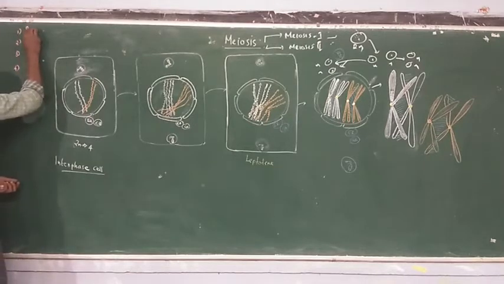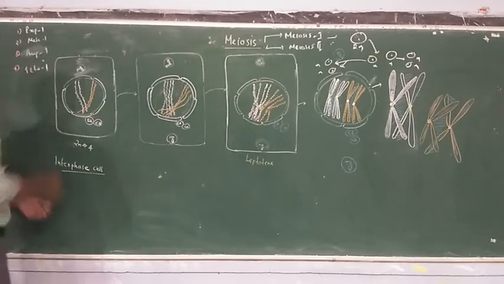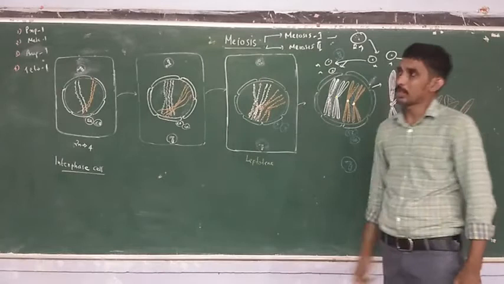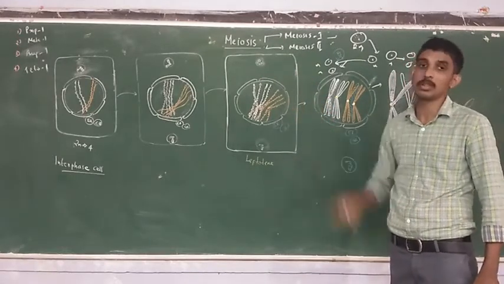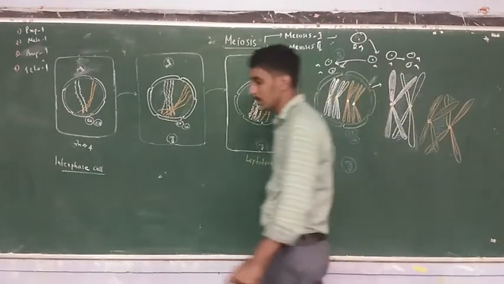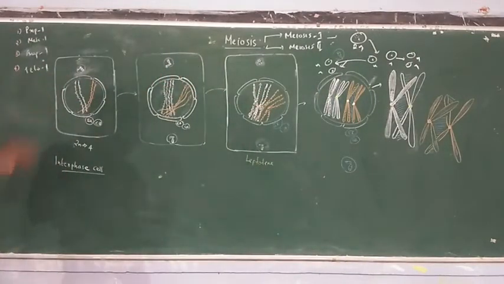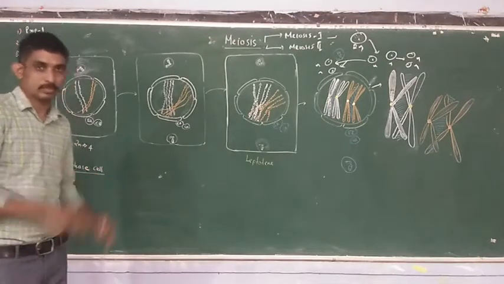One is called prophase 1, second is metaphase 1, third is anaphase 1, and fourth is telophase 1. These are the main 4 subphases of meiosis 1. If we understand these 4 phases, then we will get a clear idea about meiosis 1.